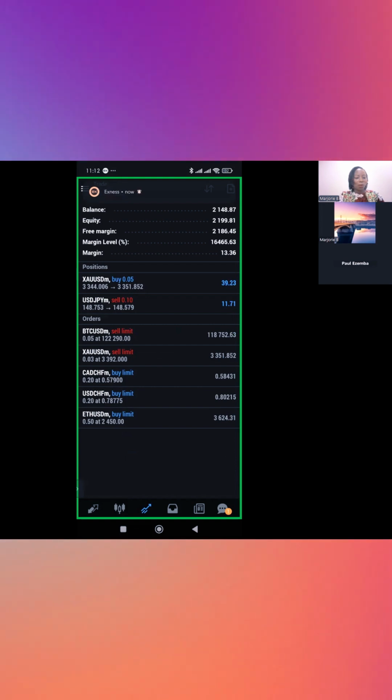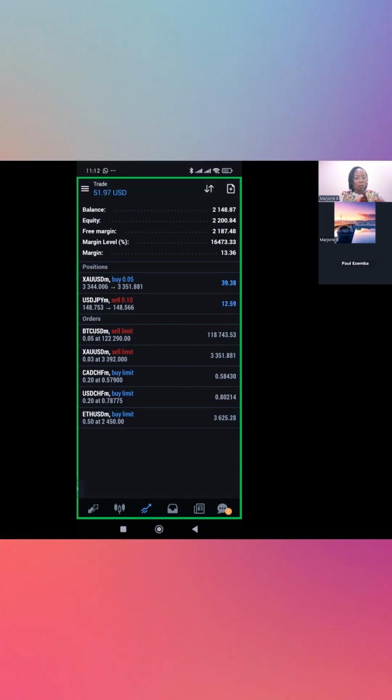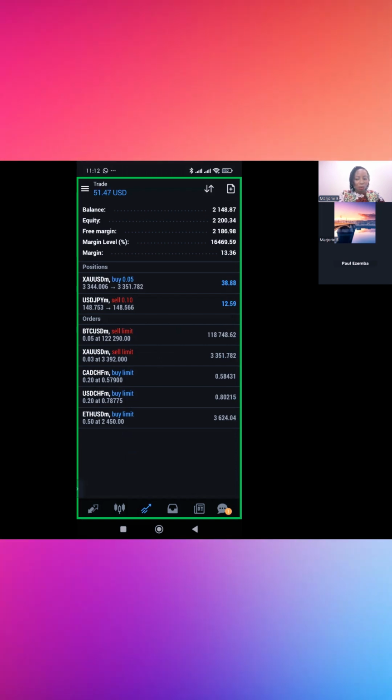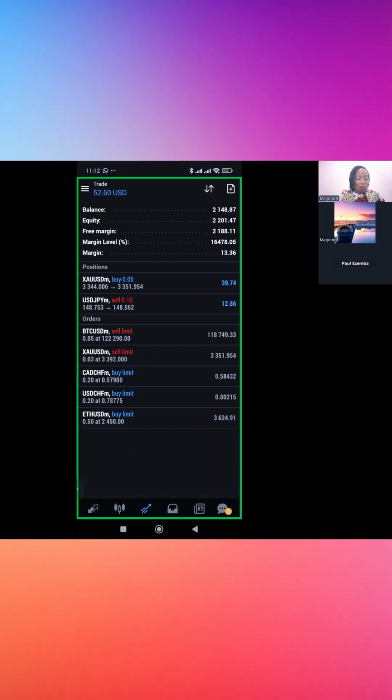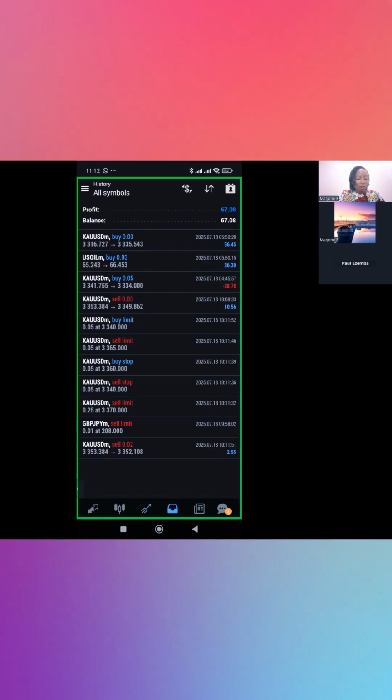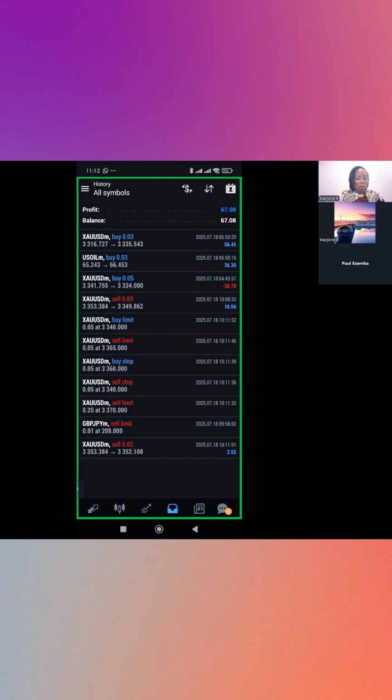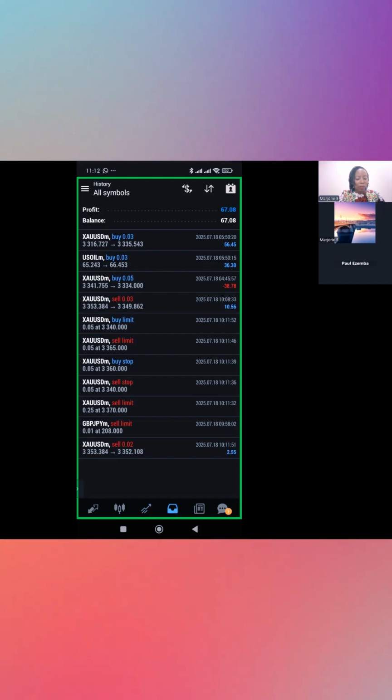You can see that the market did a bit of retracement, and it's actually a bullish market for gold currently, but in the New York session it might reverse for a sell. So I'm moving gradually; all the other orders I can see them here.